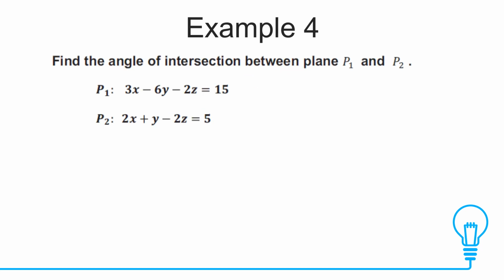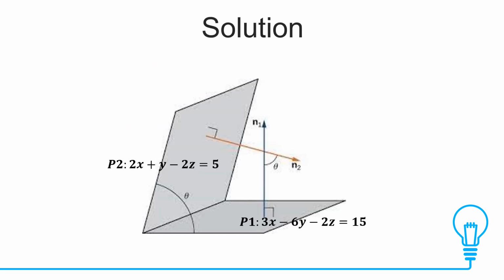Lastly, for example 4, you need to find the angle of intersection between plane P1 and P2. You are given the equation of plane P1, and also the equation of P2. Let's imagine this is your plane P1 with the equation 3x minus 6y minus 2z equal to 15.